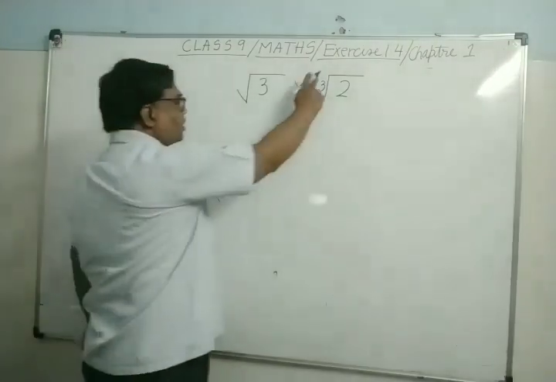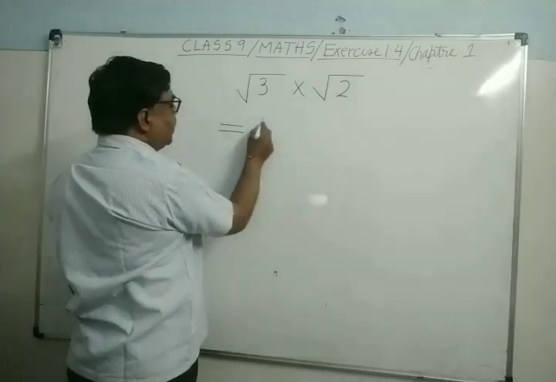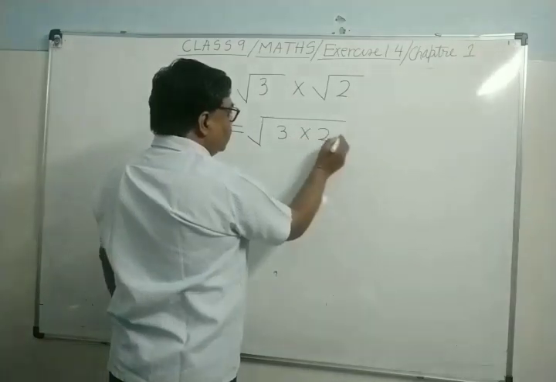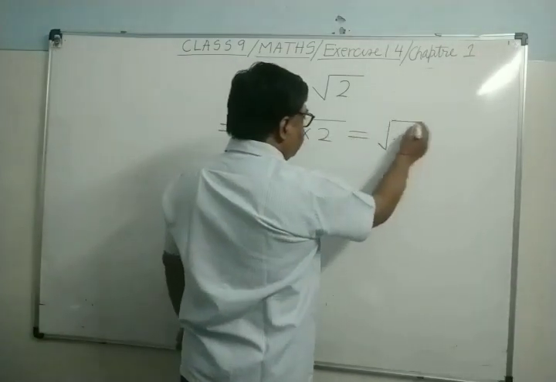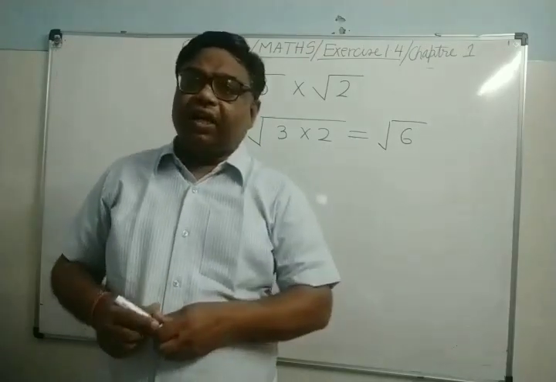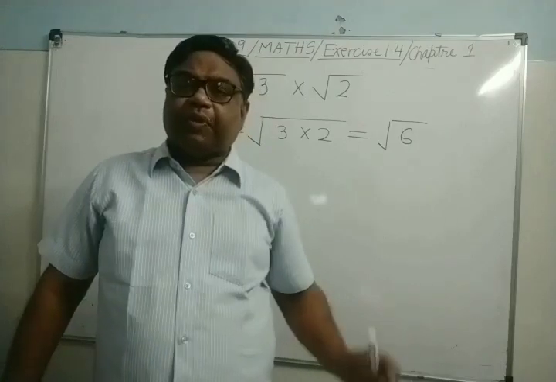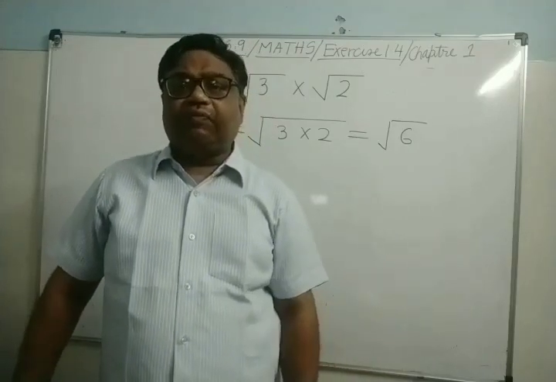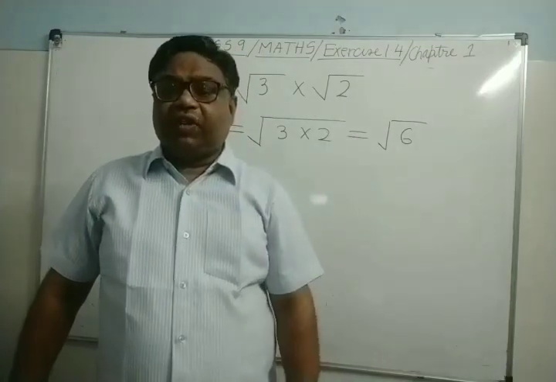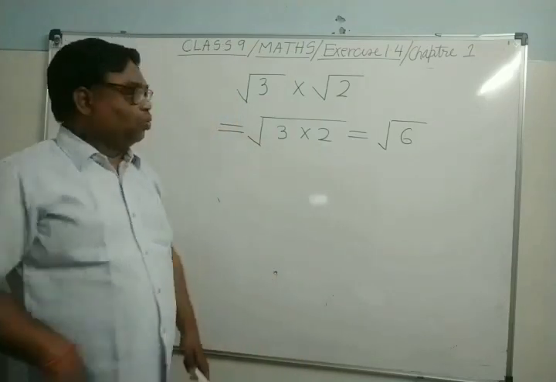But suppose square root 3 into square root 2, you can write square root of 3 into 2, that is square root 6. Means multiplication and division, product and quotient, we can perform only when they are of the same order. If they are not of the same order, it cannot be performed. This is rule number 2.